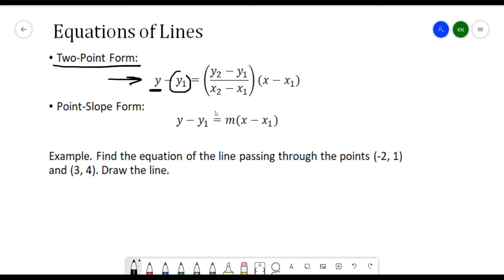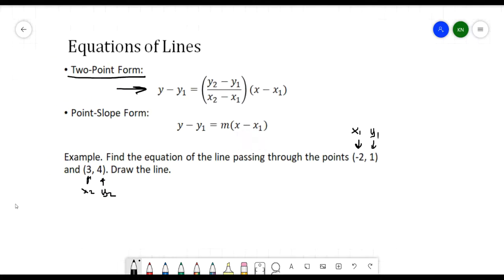Then you need to substitute the values to y sub 1 and y sub 2. And x as well is as is, because since you are looking for the equation, you are not looking for the constant result. So let's substitute the values that we have here. Again, this is our x sub 1, this is our y sub 1, this one is our x sub 2, and this one is our y sub 2.